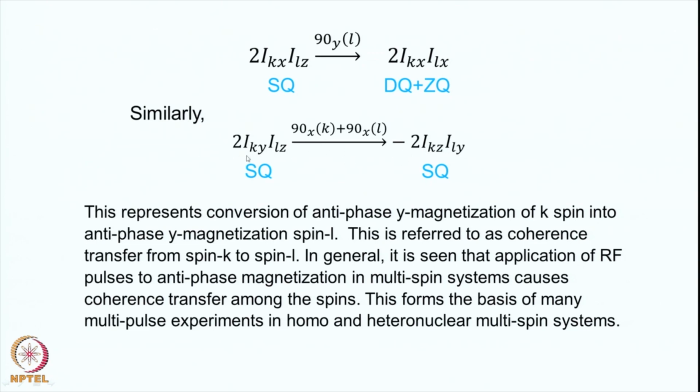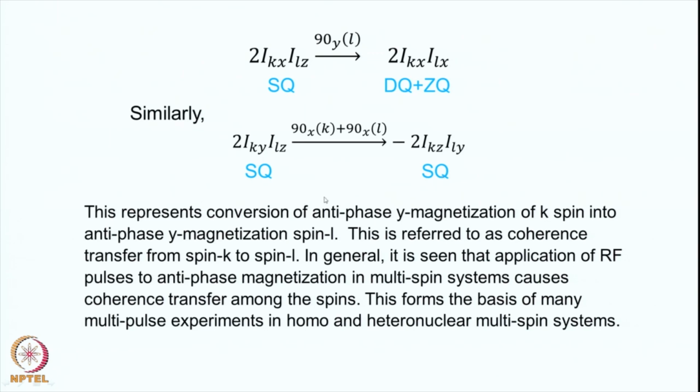So similarly here 2iKy ILz. So far I was looking at 2iKx ILz, and we can calculate similarly for 2iKy ILz. If I start with 2iKy ILz, apply a non-selective pulse on both K and L spins along the x axis, then I get this into 2iKz ILy, and this is now the L magnetization antiphase with respect to K. This was K magnetization antiphase with respect to L, and this is L magnetization antiphase with respect to K. So single quantum to single quantum coherence transfer.